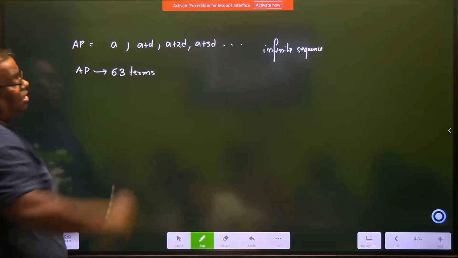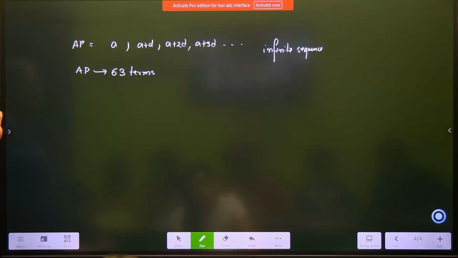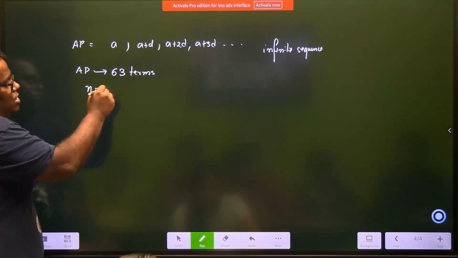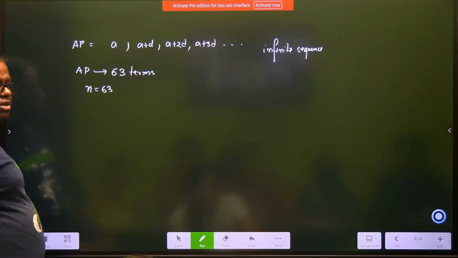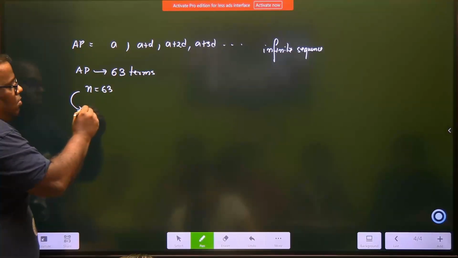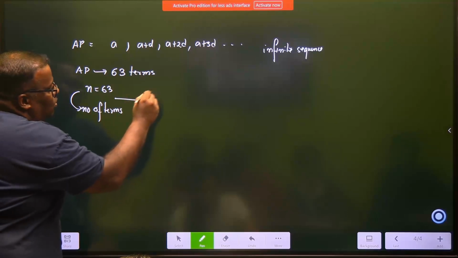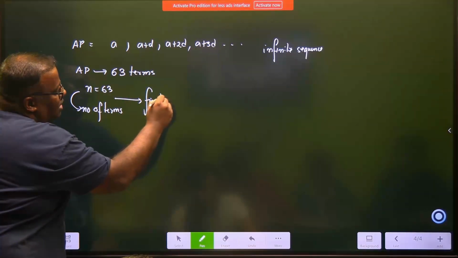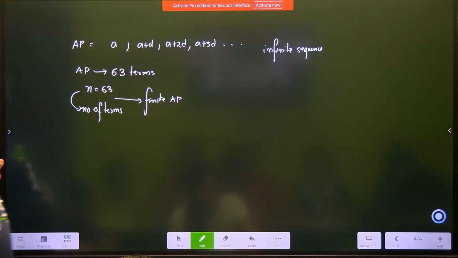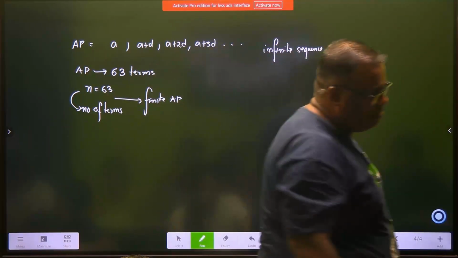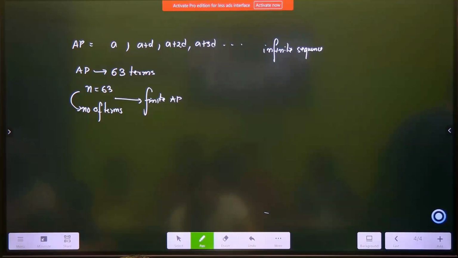That means N is equal to 63. N is known as the number of terms. My number of terms is 63, so this is a finite AP. Infinite, finite, understood? For AP, infinite or finite does not make any difference, but in GP, infinite and finite will make a difference. Clear? Very good.